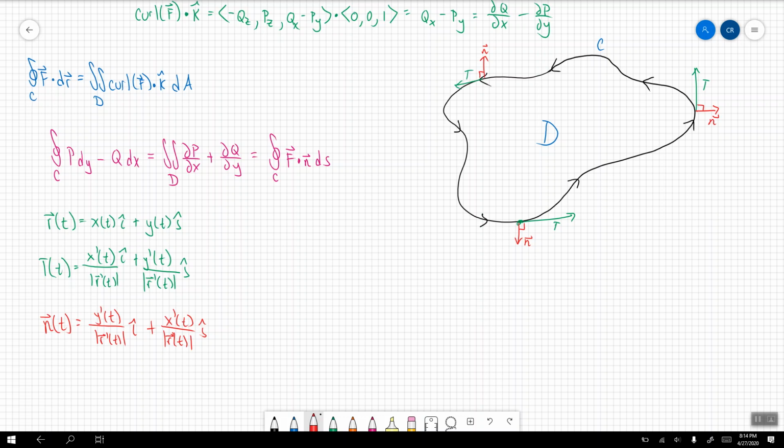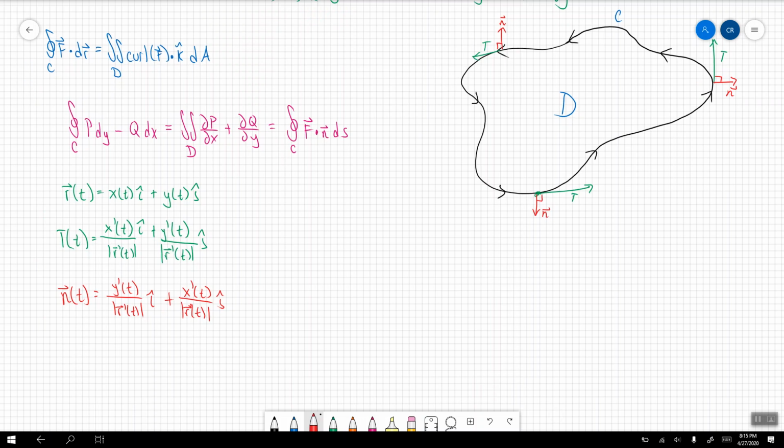Now that we have this normal vector, let's see how this plays out.